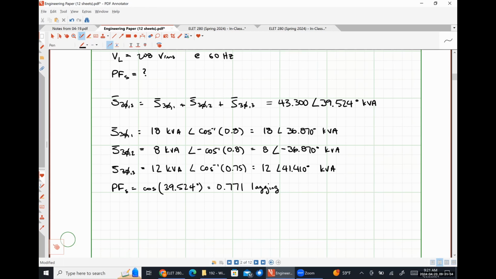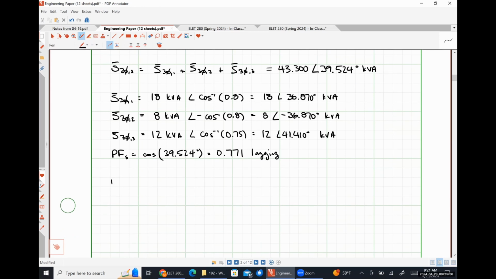So let's put this here, right? So now we want PF new to be 0.90 leading.